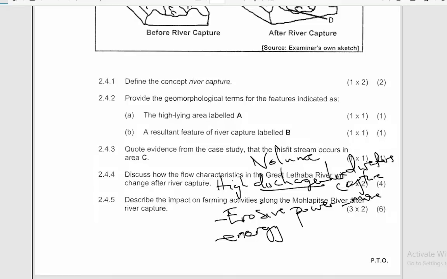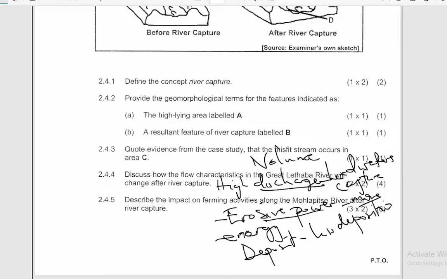This river is going to get more erosive power. It's going to cause more erosion on its channel because of increased energy from the headwaters captured. And also deposition: there's going to be less deposition because of the increased velocity of the river. Deposition will only happen if the river's energy falls below the minimum required to transport a given set of load.